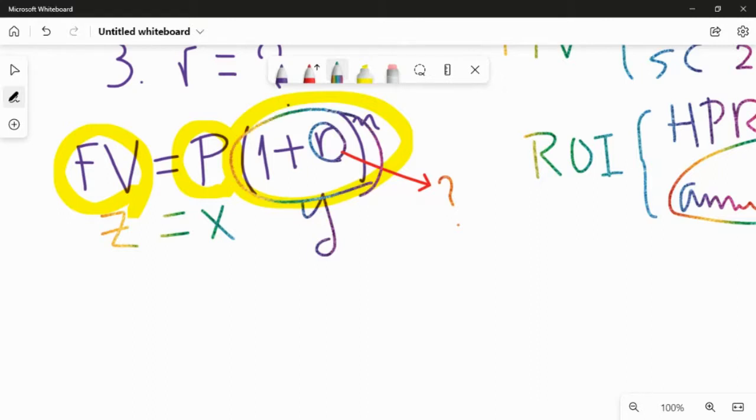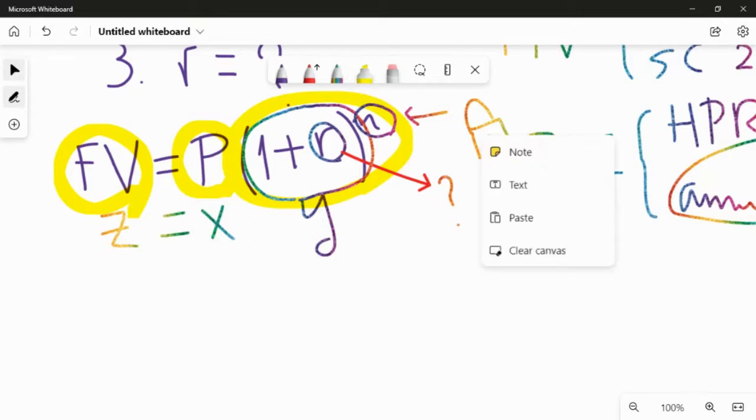This is like a cage. 1 plus R is like the cage, and N is the padlock on the cage, right?